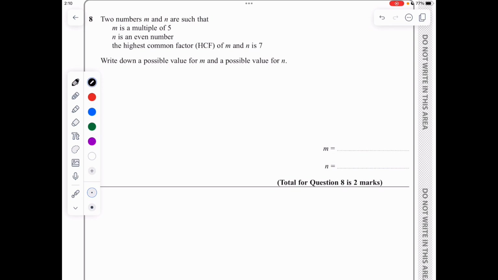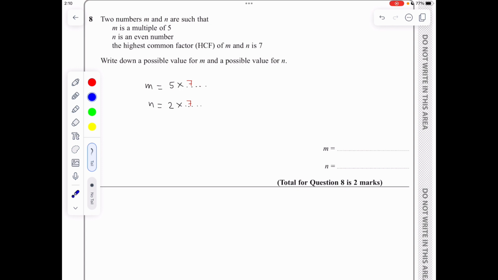So if we think about M, since it's a multiple of 5, it must be having a 5 there times other things, and N is an even number, so 2 must be a factor of this. In addition, the highest common factor of the two is 7, so both of them must have a 7 and no other common factors, and therefore I could pretty much fill after this anything I want, provided I don't change the fact that the highest common factor of the two is 7.